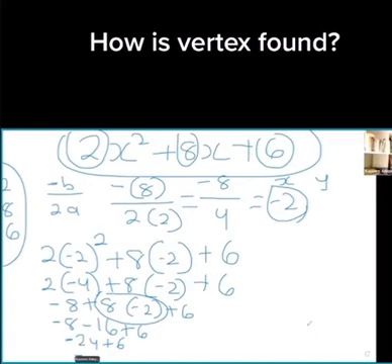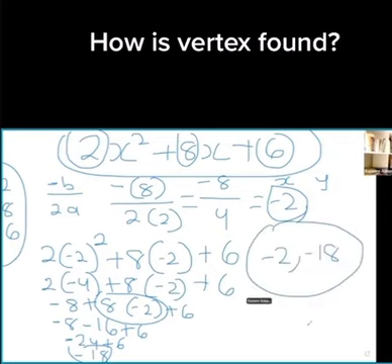Let me work this out really quick. Give me a second just to make sure my answer is right. So negative 2 is our y. So we get negative 2 and negative 2, and that's our vertex. So that's how to get our vertex, guys.